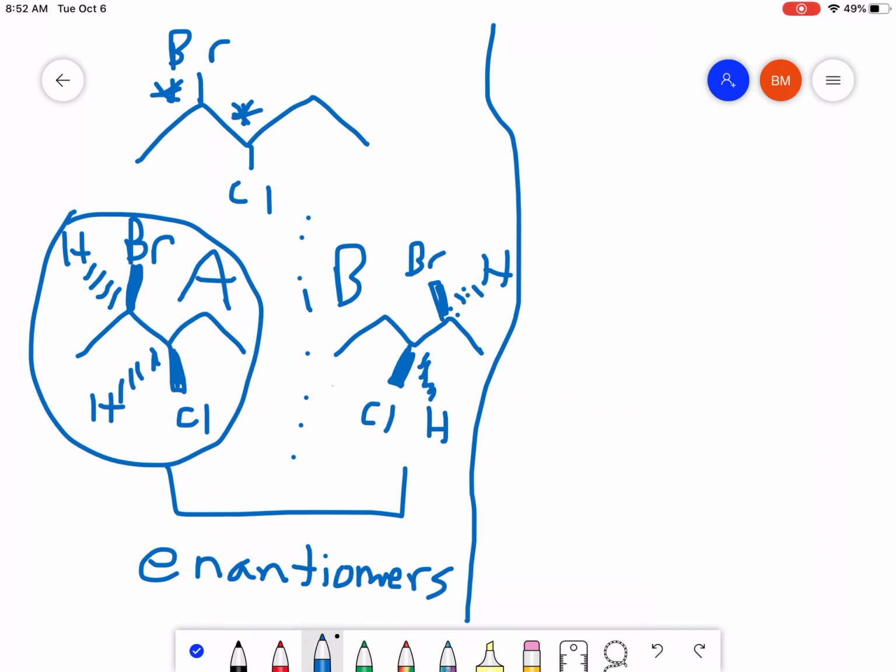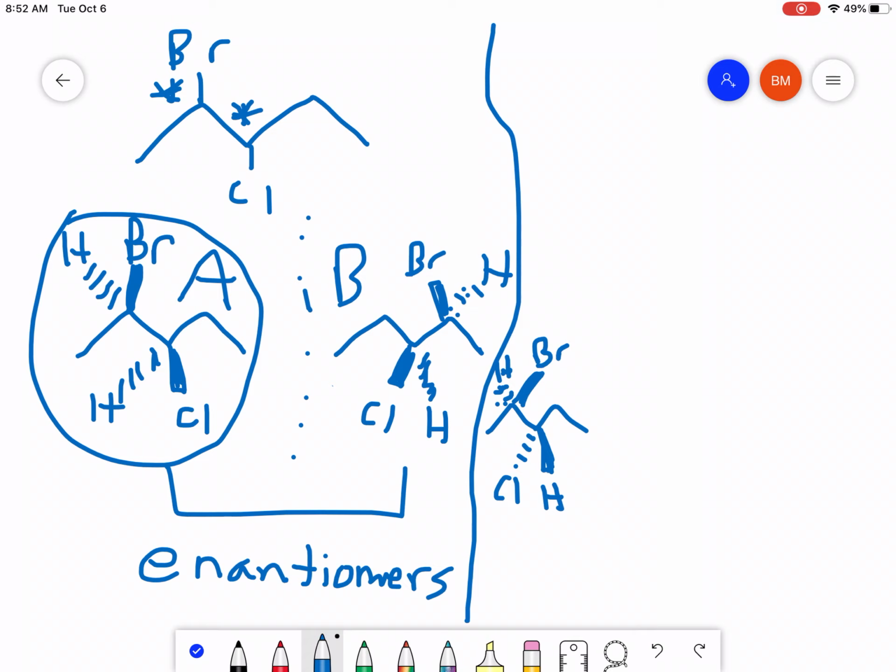So, for instance, in this one, what I'll choose to do is I'll choose to leave this guy the same, right? But I'm going to switch the groups on the other stereogenic carbon. I'll put the Cl on the dash this time and put the H on the wedge. Only do it for one of the centers. Don't do it for both of them. That'll totally screw you up. Okay?